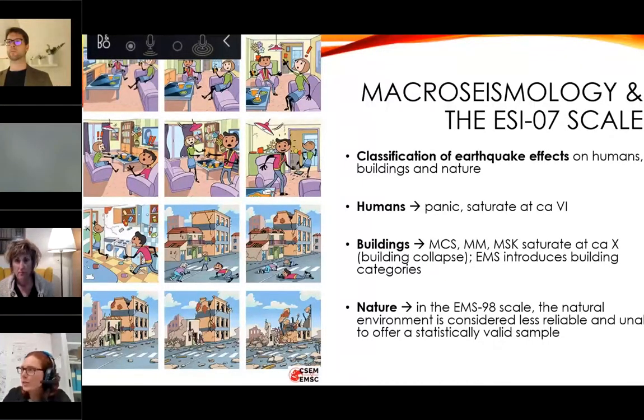But, well, this is an opinion, or a position in the scientific community. And the ESI scale instead is focused only on these environmental effects.